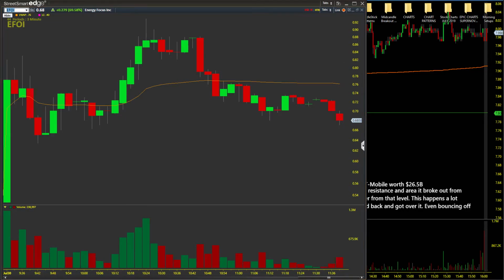This is looking at it on a 3-minute chart. You see this big surge candle right here. And then if you look at the volume, it's just decreasing and decreasing and decreasing, going down just like that. It's consolidating. It's also making lower highs, and it's also making higher lows, forming a wedge.